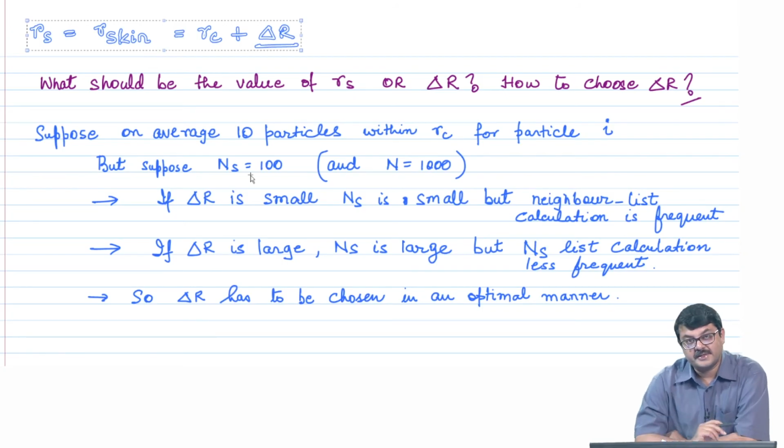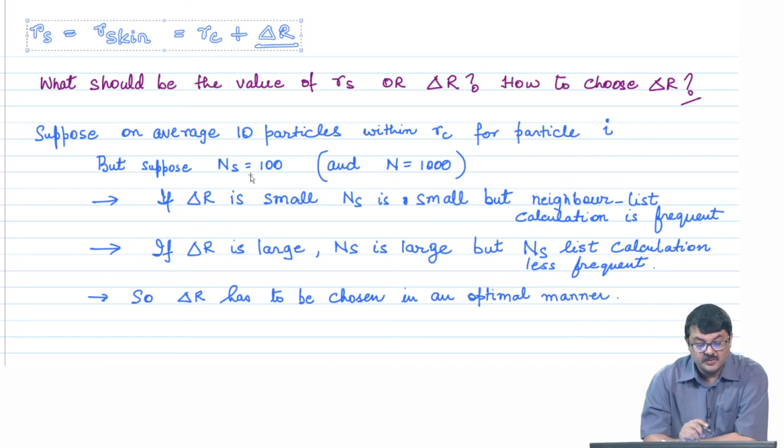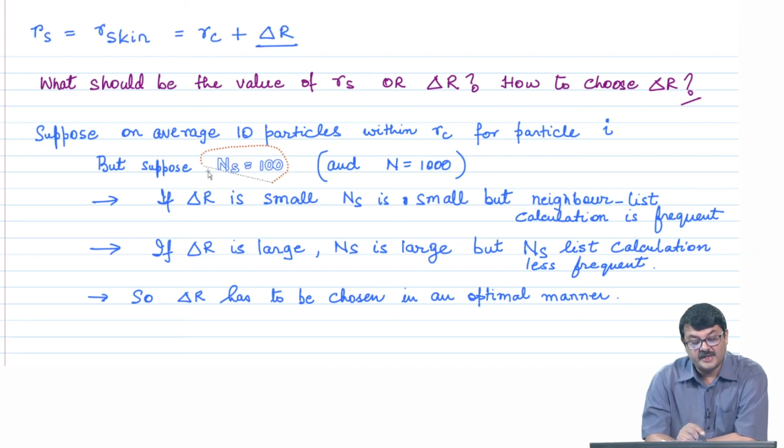Suppose there were 1000 particles in the simulation box, and instead of doing a check of n into n minus 1 by 2, where n is 1000, for 499 iterations you can live with n into n s, where n s is 100 distance calculations. So, you are already saving a factor of 10 in distance calculations.